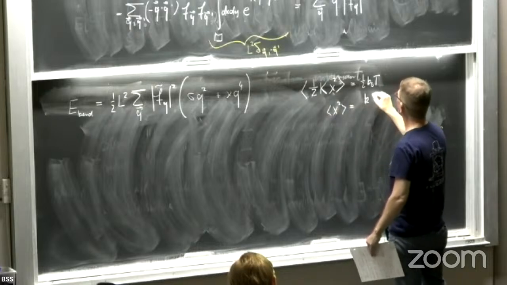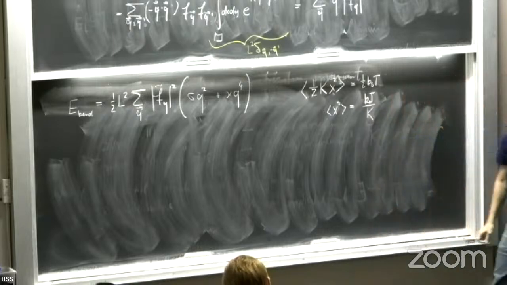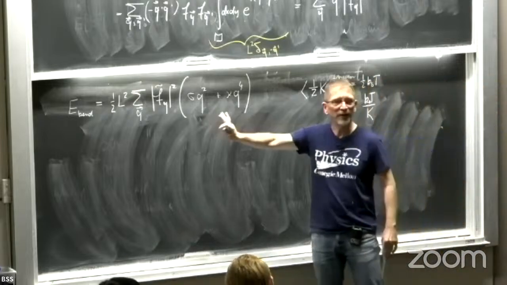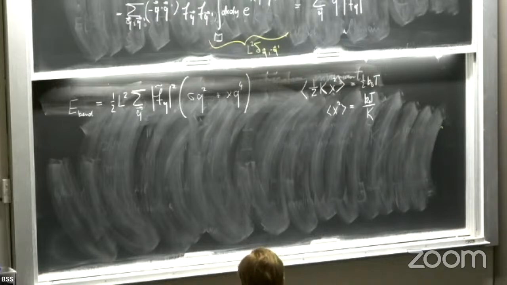And so you can solve this for the mean squared amplitude of this thing. It's going to be kT over the spring constant. So here the spring constant is everything in this expression for any fixed q that's not a 1/2 and not an f q modulus squared. So the L squared, sigma q squared plus kappa q to the 4 is your spring constant.